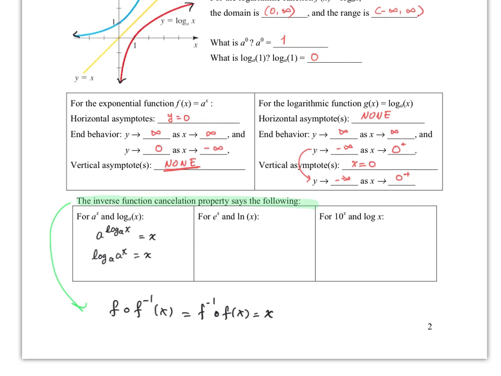The same thing is going to happen here. e to the ln x is going to be x, and ln of e to the x is also just going to be x. And the exact same thing here: 10 to the log base 10 of x is x, and log base 10 of 10 to the x is also x, which is just this part right here.